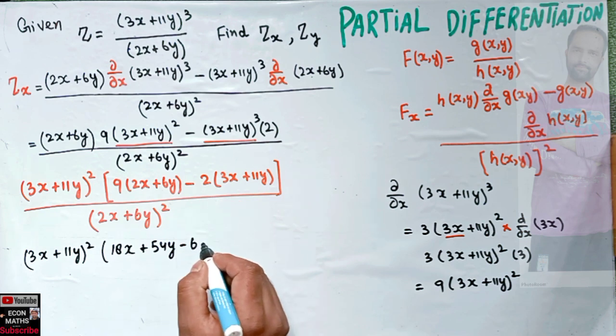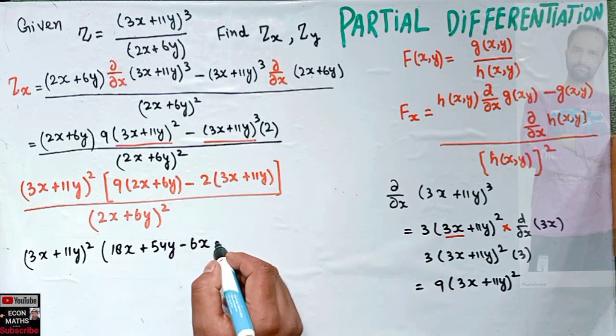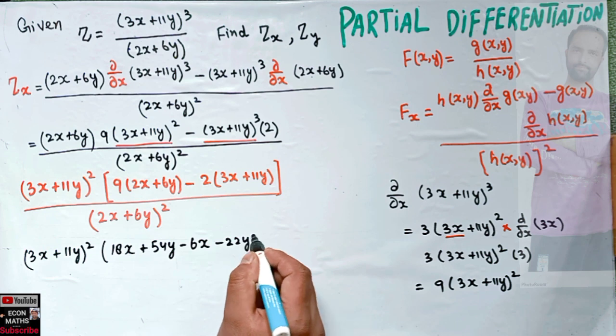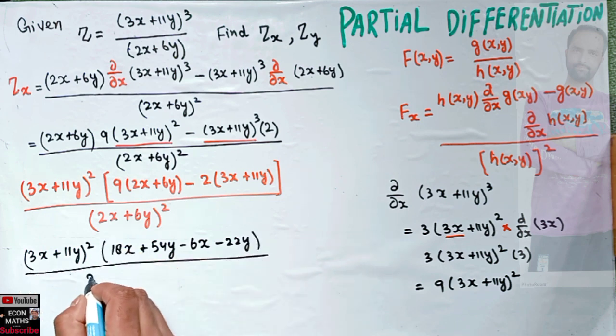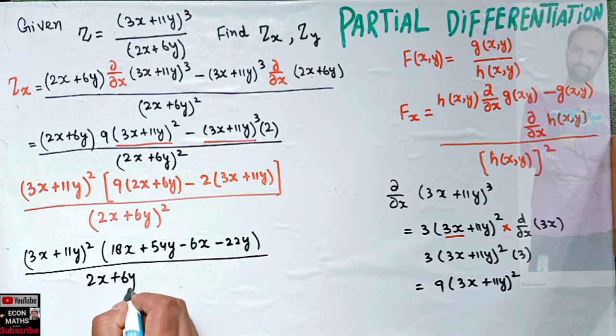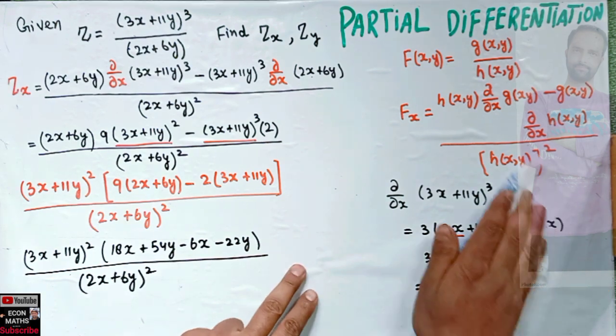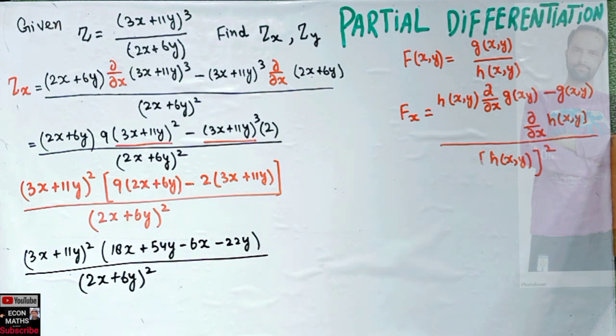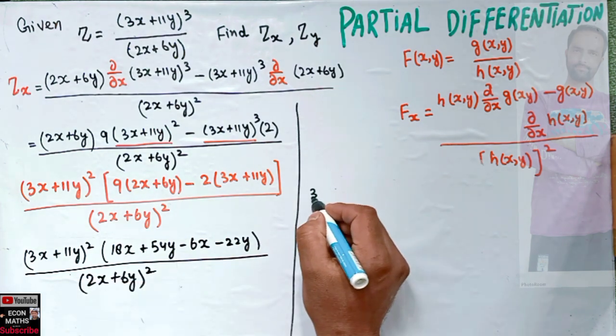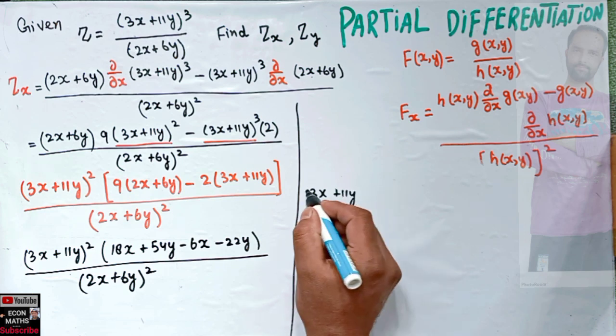Minus 2 3s are 6x, minus 2 11s are 22y, and we divide by this (2x plus 6y) square. So we have here (3x plus 11y) square.